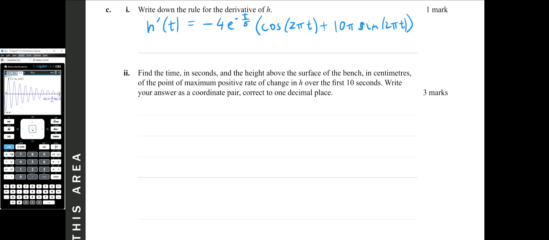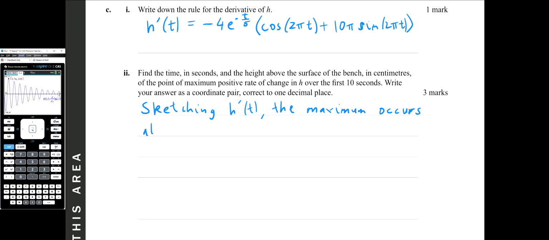So what I'm going to say in the working is sketching h dash of t, the maximum. Okay, so this is the very largest maximum. So this is what we would call an absolute maximum.